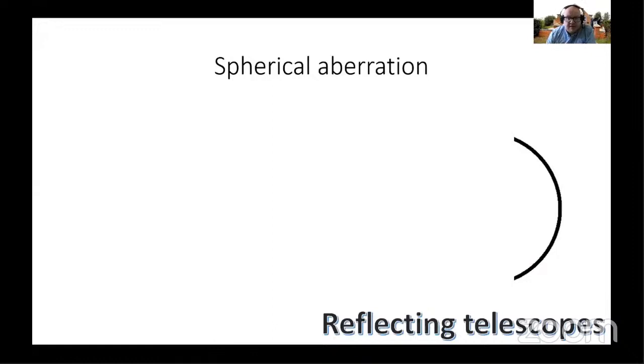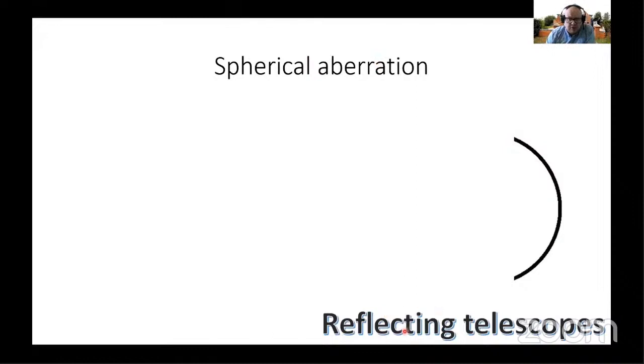So the first aberration we're going to think about is spherical aberration. So I said earlier that this is a mirror, so we're going to assume now this is a simple spherical mirror. So if you imagine a football, we've cut a football in half, and we're using the inside of half of that football to cast a mirror, and so it will be a hemispherical mirror.